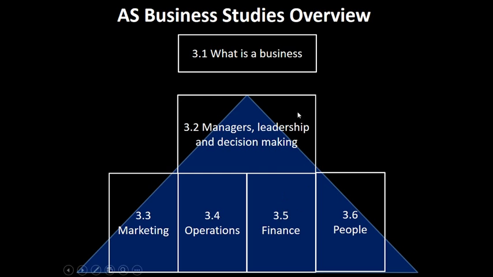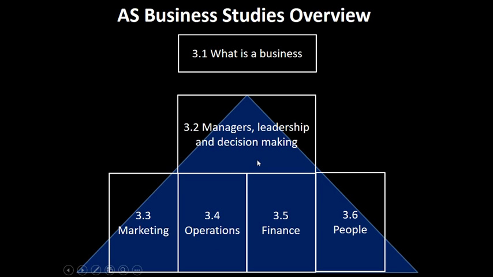So just big picture, I've created a series of videos on 3.1 what is business, an overview of business if you like. This triangle here can be used to represent a business. These are the various AQA units that are studied for AS.